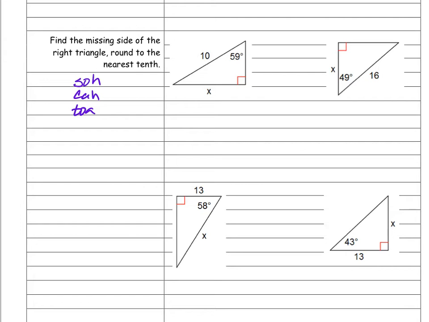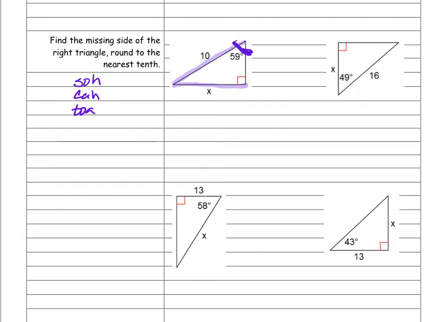So we're going to go ahead and start with the first problem. So I've got this angle. They've given me this angle here. Okay? And they've also given me this side. Oops, sorry, wrong one. So this one. They've given me this side, and they've given me this side. So those are the two sides they've given me.